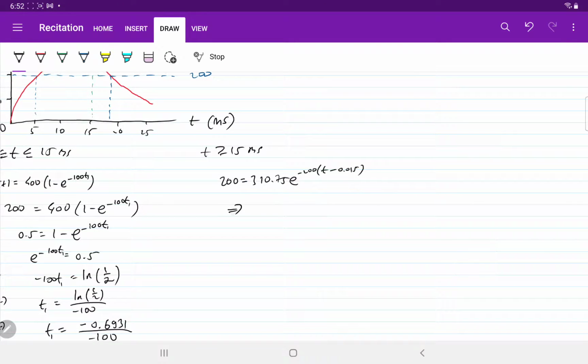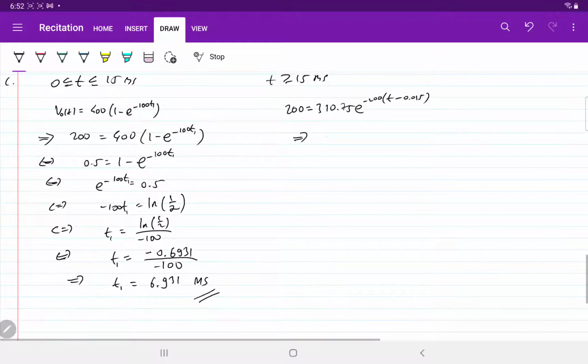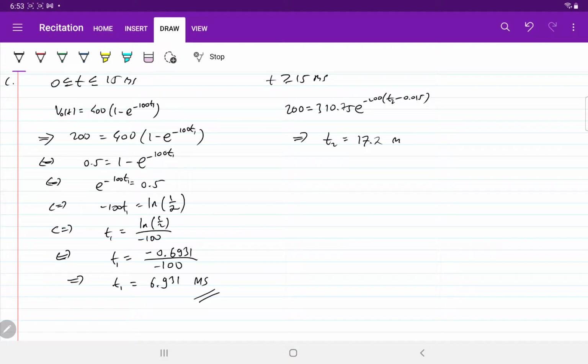So you can follow similar steps and you will get, let me call it t2. So t2 is 17.2 milliseconds.